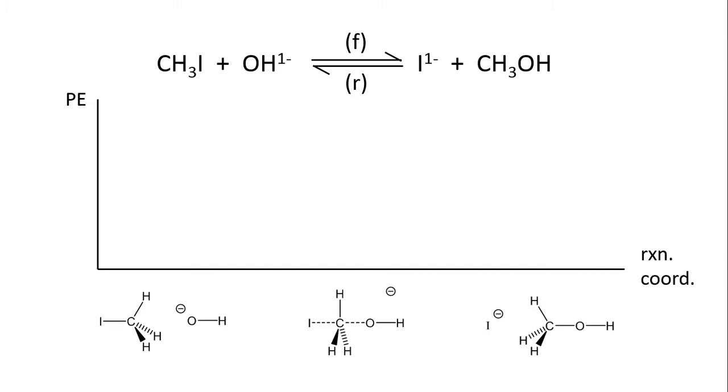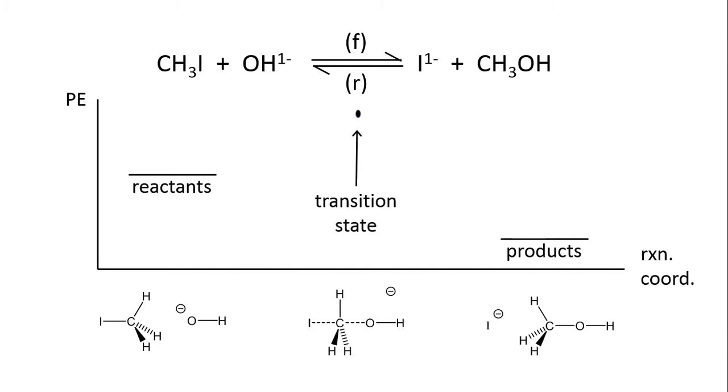So for this system, the reactants are at higher potential energy and the products are at lower potential energy. The transition state, with 5 bonds around carbon and 90-degree bond angles, is at higher energy still. As bonds are breaking and forming, the energy is constantly changing along the reaction coordinate, so we usually see a curve like this.